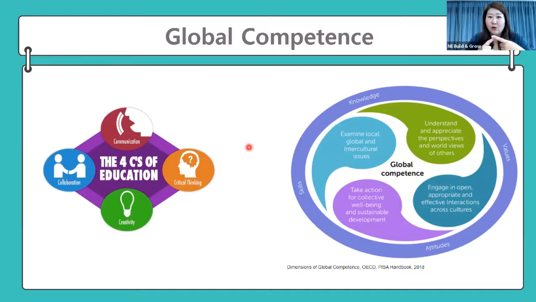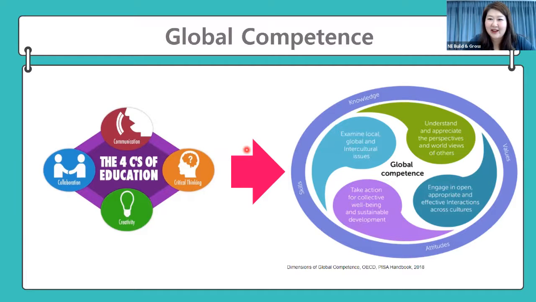And combining all of those, we want them to think outside of the box, which is creativity, right? That's why in the last 10 years, we focused a lot on the 4Cs, the 21st century skills. But now, it goes to this global competence.